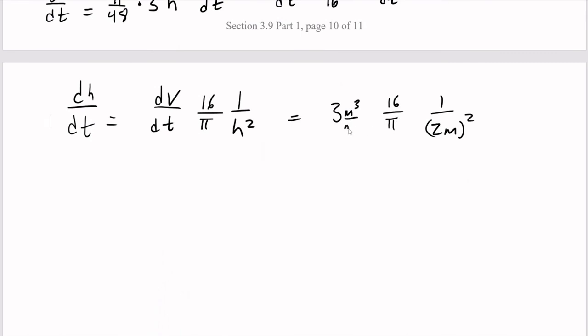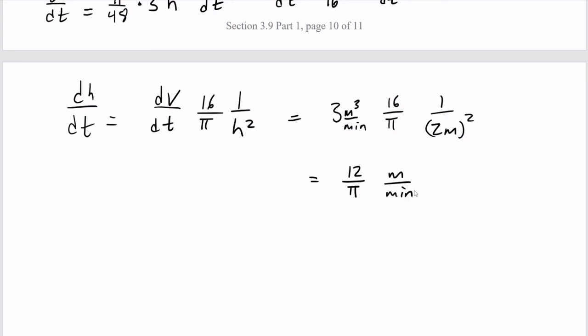Okay, and so then at this point we just plug in. The first thing we can do is just try to keep pi, right? So 3 times 16 divided by 4, because don't forget it's 2 squared. So that's 12 over pi meters per minute.